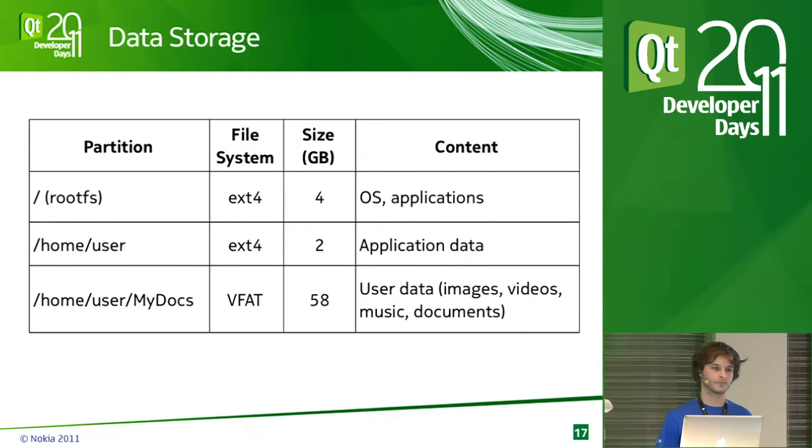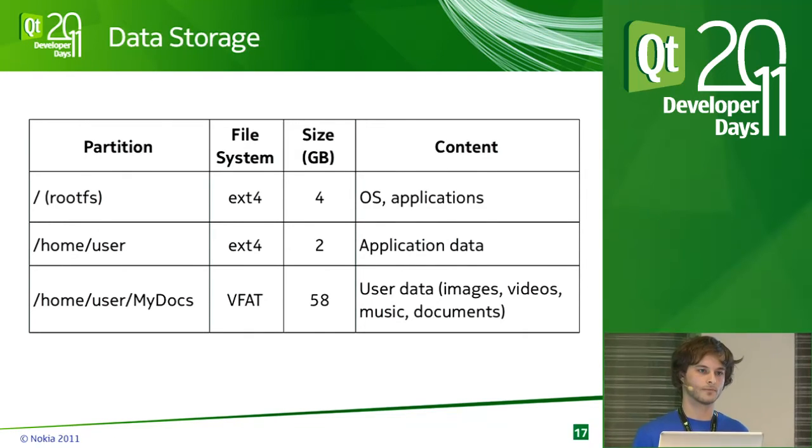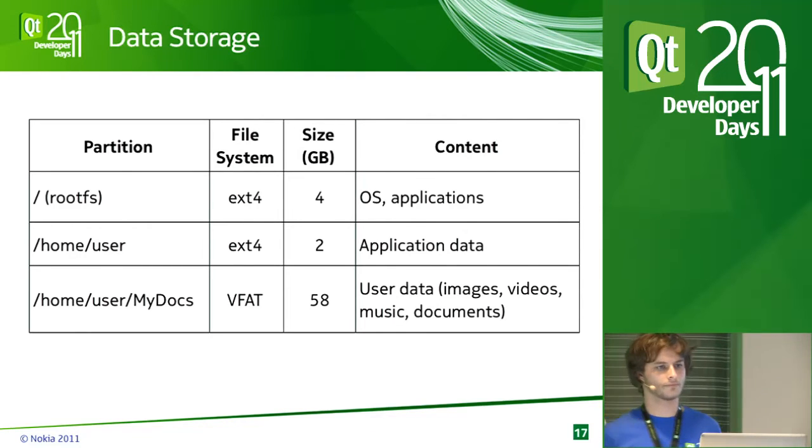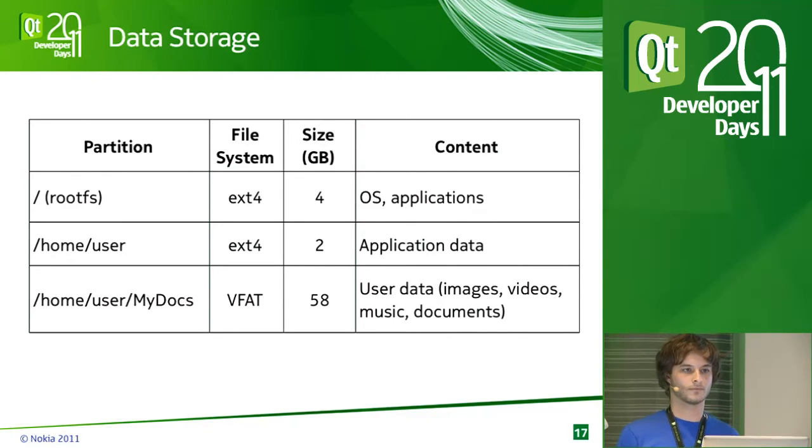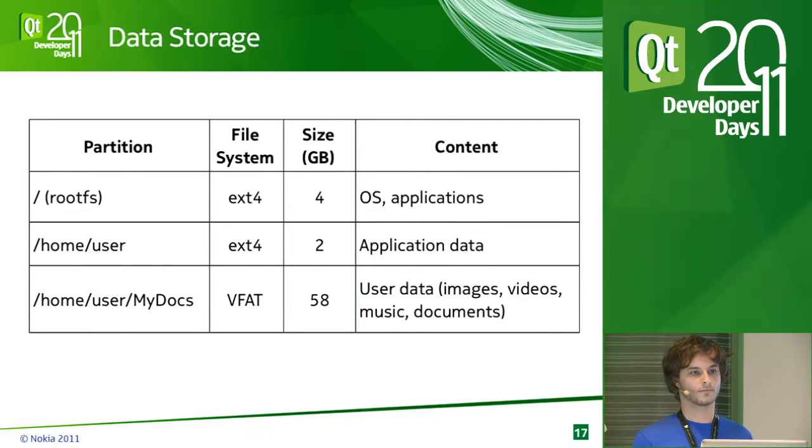Because VFAT from Microsoft is a non-journaling file system, so whenever you have a crash, you have to do a file system check. And if you don't do that, you end up in a situation where you can't use the file system anymore. This happens on the N900, and I'm wondering if you took precautions on the N9 so that this does not happen. I don't know much actually about that, but okay.